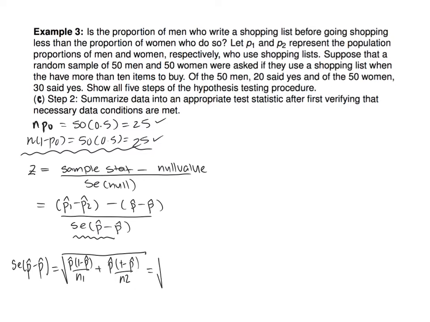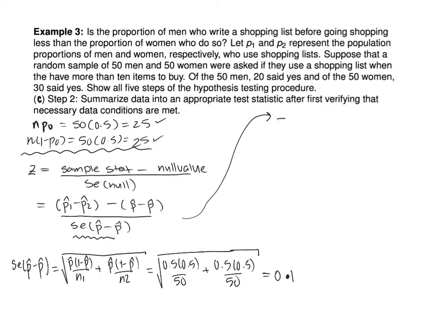So in this case, we have root 0.5 times 0.5 over 50 plus 0.5 times 0.5 over 50, which comes out to be 0.1. And the thing that students often mess up is that in here, you have to use the null value, not the values of P1 hat and P2 hat, because you're assuming in your null hypothesis that those things are the same.